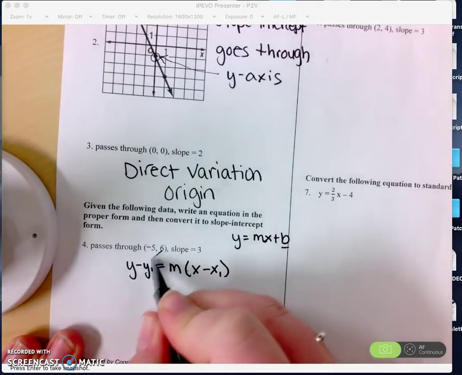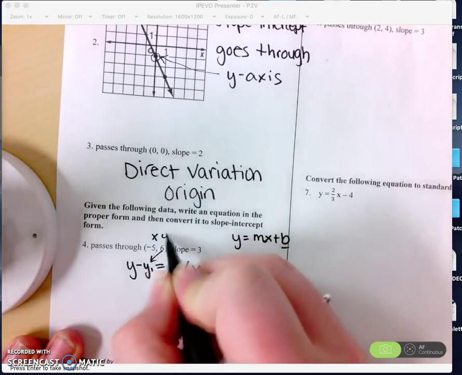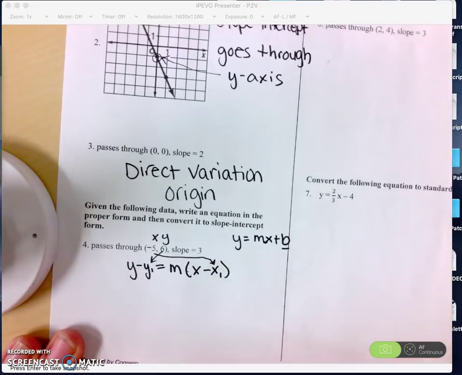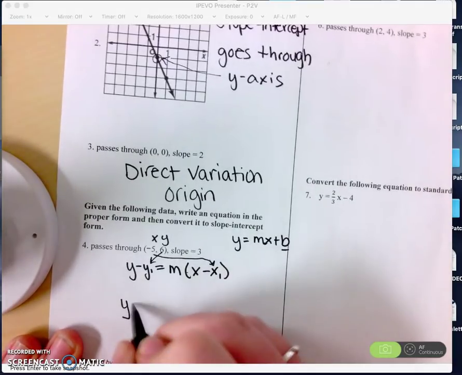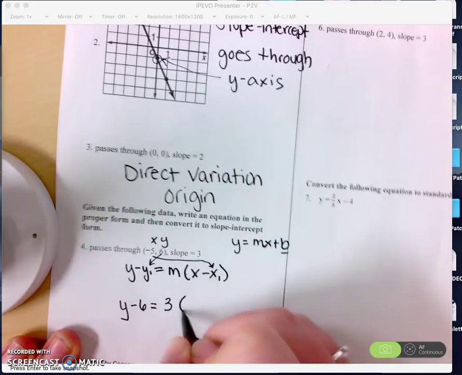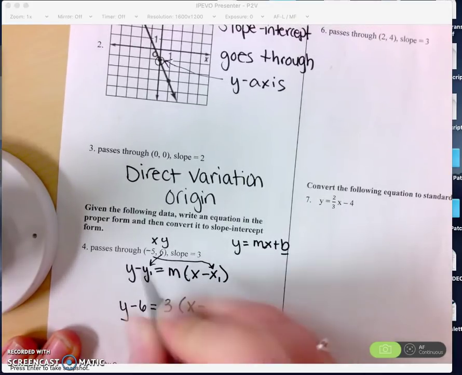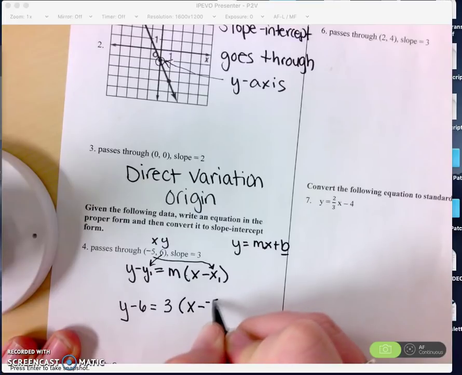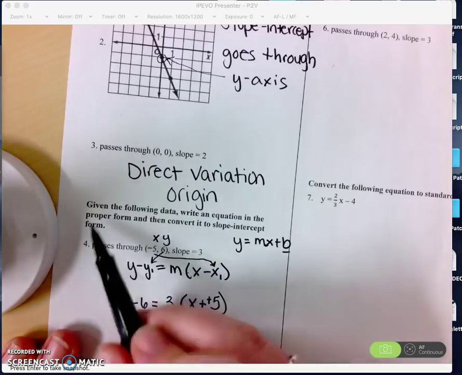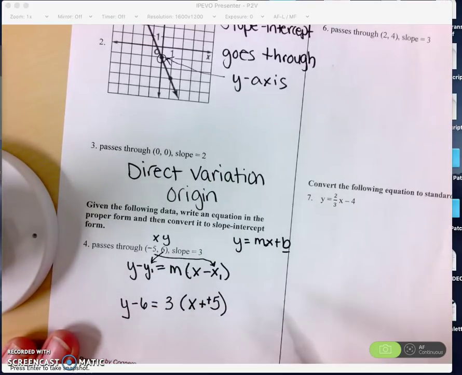So 6 would go in here because this is x, this is y, and then the x would go right here. So y minus 6 equals, the slope is 3, x minus a negative 5, which turns to plus 5. Okay, that's my proper form. That would be the first point.